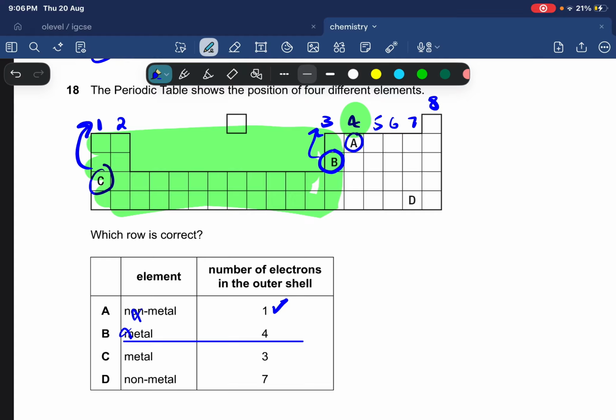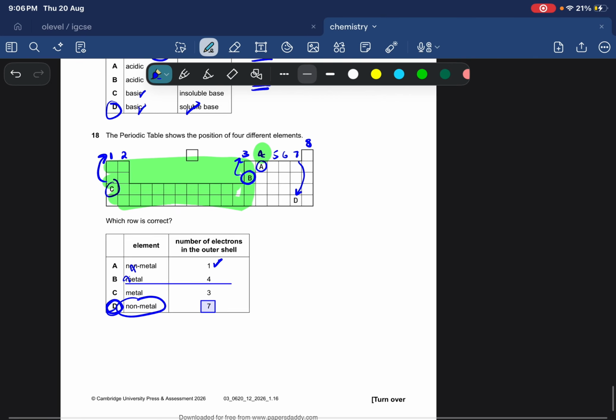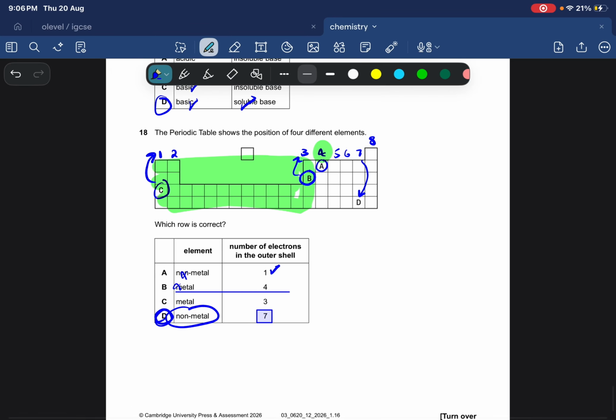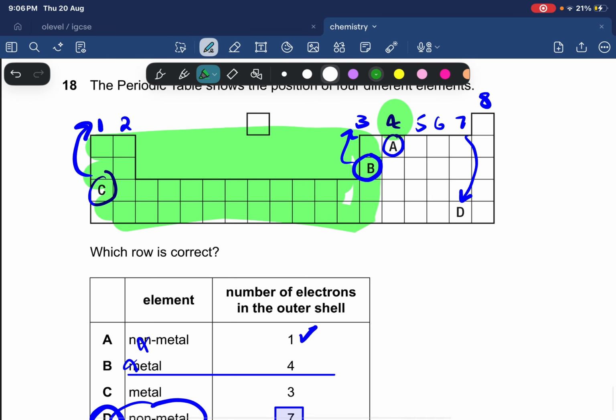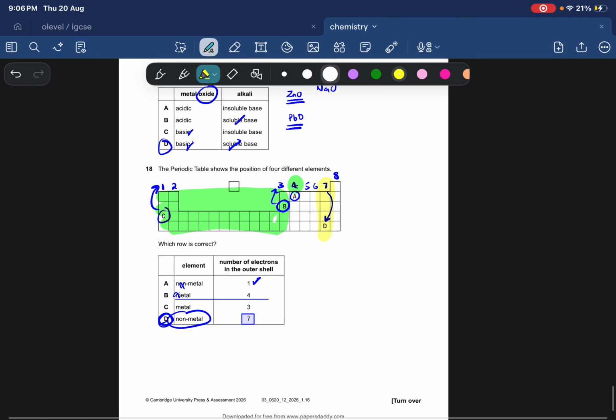And then you have your D, which is going to be a non-metal. Yeah, that's correct. D is a non-metal and it has 7 electrons in the outer shell. That's going to be correct. Why? Because D is in group number 7.